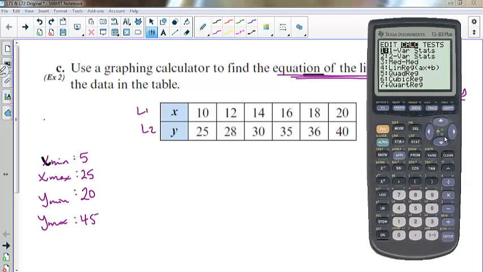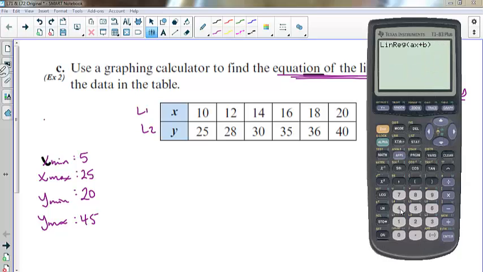On the bigger calculators, you're going to go to stat and over to calculate. Everybody is looking at a screen that looks like this. To find the equation, you're going to find the linear regression. On my calculator on the screen, linear regression is what number? 4. On the blue calculators, it is 5. So you need to choose number 5.